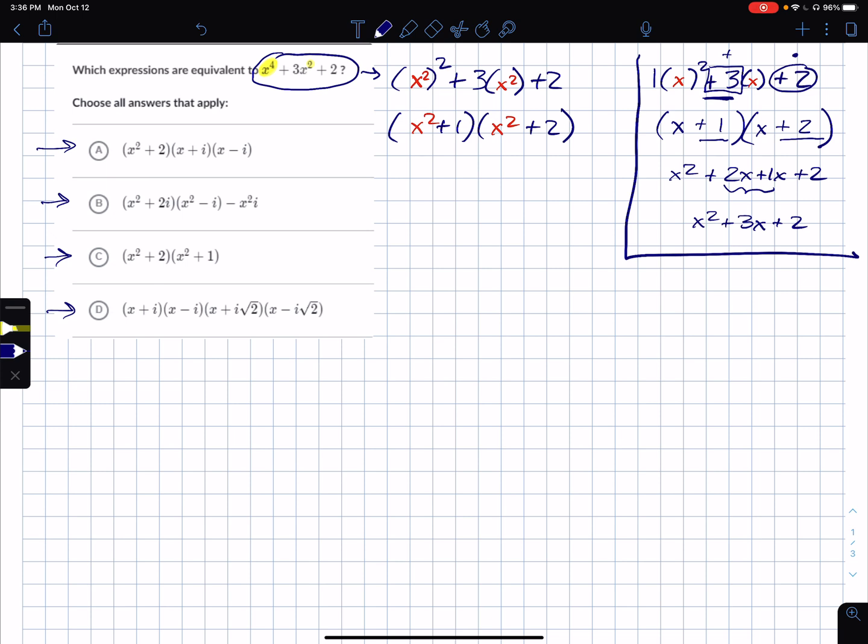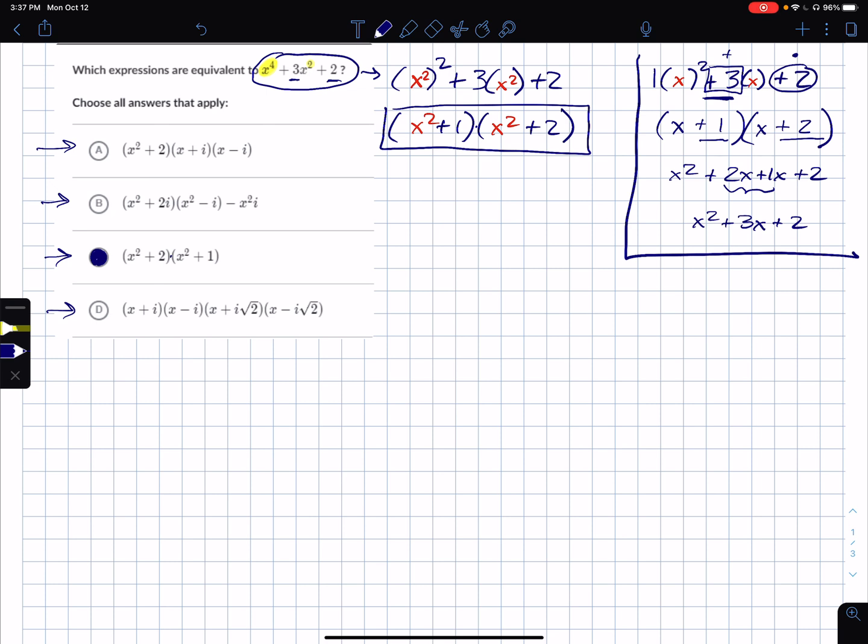You just have to be able to look for factors of that constant that add up to the appropriate b value. Okay, so the good news here is once we've applied that factoring technique, we can see that this is answer C. If you apply the commutative property, I know the order of multiplication is different there, but that is answer C, just in a different order.